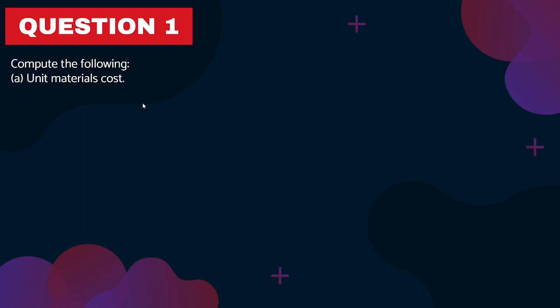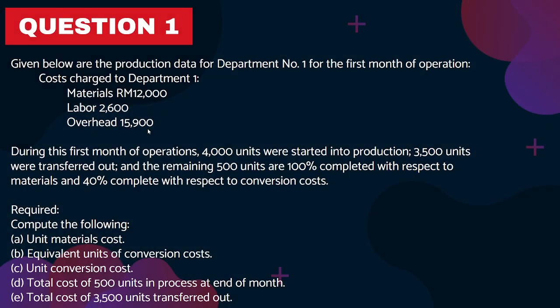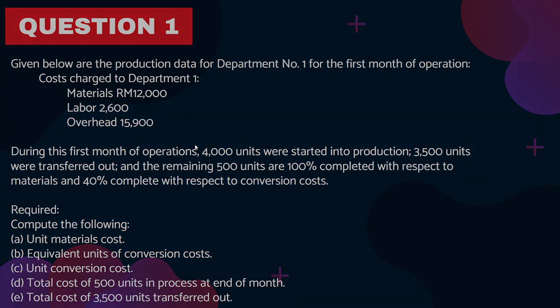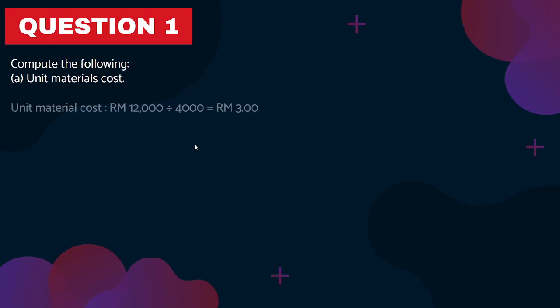In order to calculate unit material cost, we take the materials, which is 12,000, and divide it by the total units of production of 4,000 units, and we should get RM3.